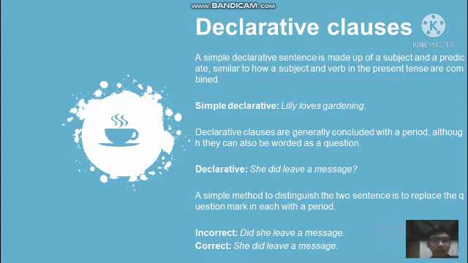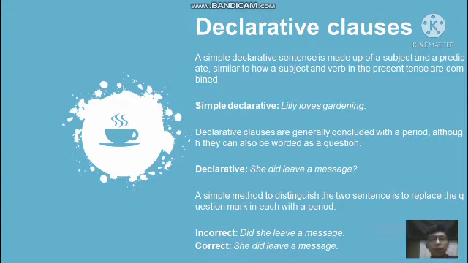Lily is the subject, and "loves gardening" is the predicate. Declarative clauses are generally concluded with a period, as you can see in the example above.